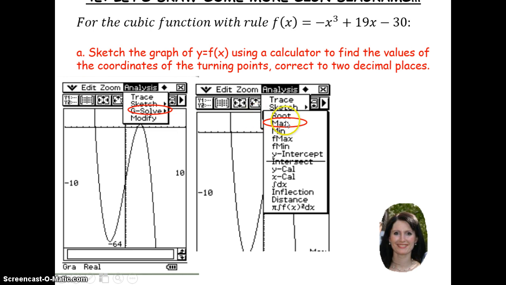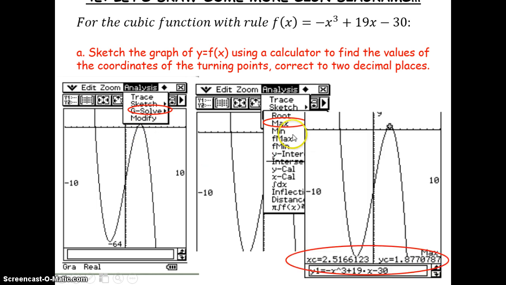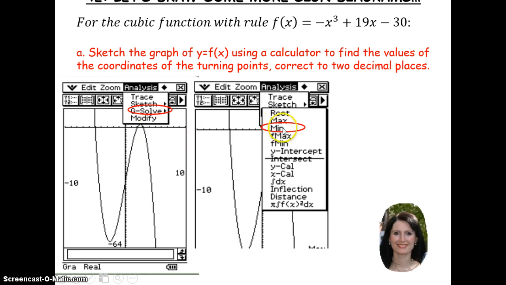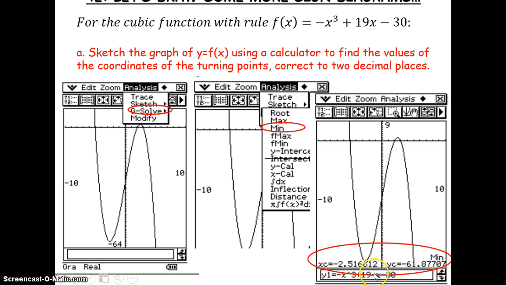I go to max, and maximum obviously means the maximum value there. When I click that, it tells me the coordinates for the maximum turning point. It's in decimal form. I can then do the same thing to find the minimum. And there it is. It shows me that the minimum is down here, puts a little cross on it, and tells me in decimal form what that minimum is.